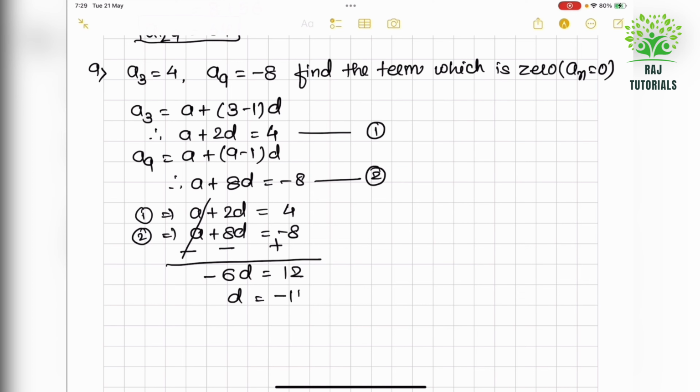So D equal to minus 12 upon 6. So therefore D equal to minus 2.